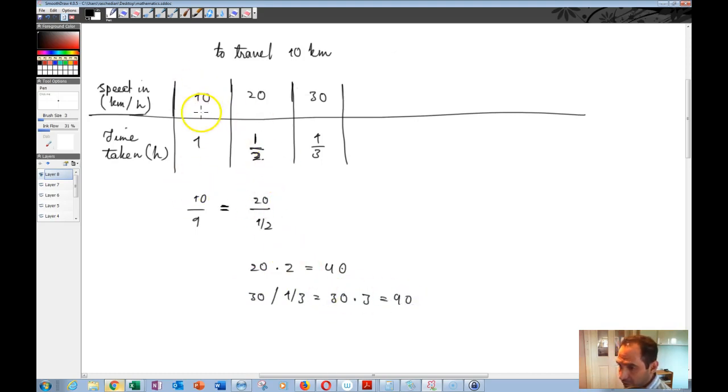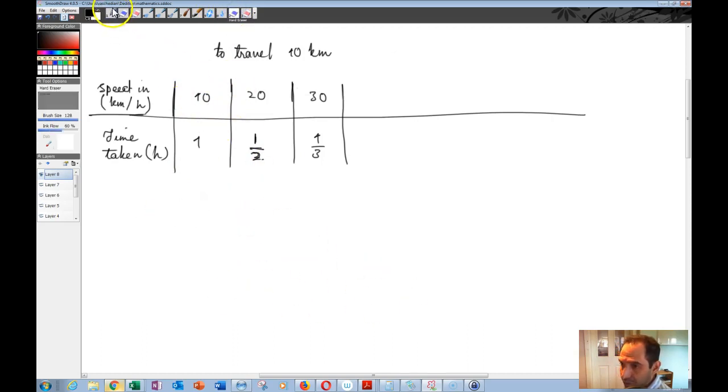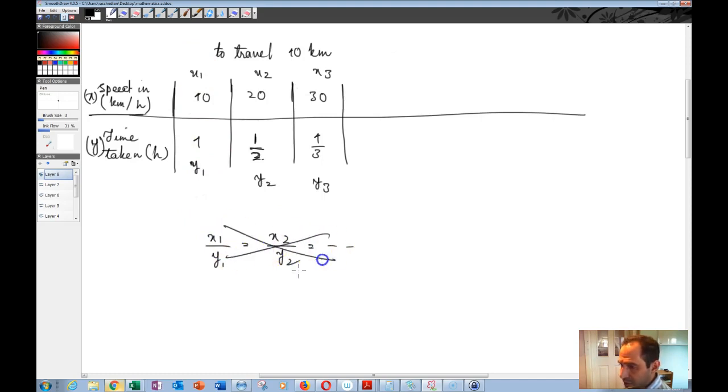So this kind of relationship which we had before in the case of direct proportion, where if I take this as x and this as y, then this is x1, y1, x2, y2, x3, y3, and so on. It's not like x1 to y1 is equal to x2 to y2 anymore. That doesn't exist anymore.